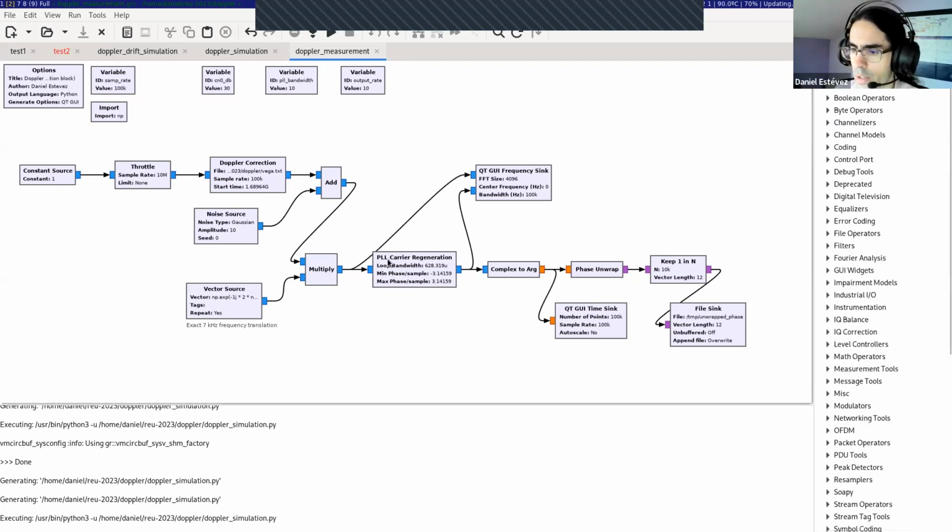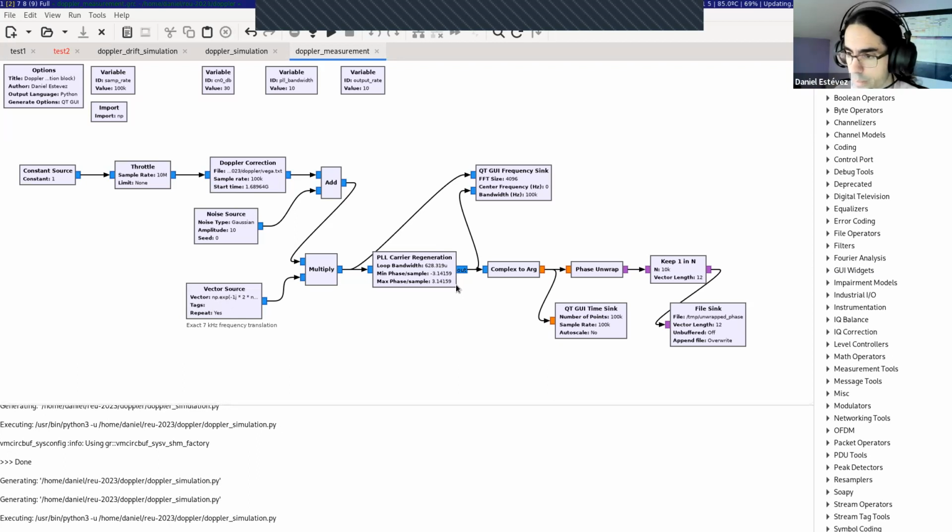The one we are using today is called PLL carrier regeneration. So what it does is it locks to the phase of the input signal, which might be noisy because our received signals are usually noisy. And then it generates a very pure, noiseless output signal of the same phase and hence of the same frequency.